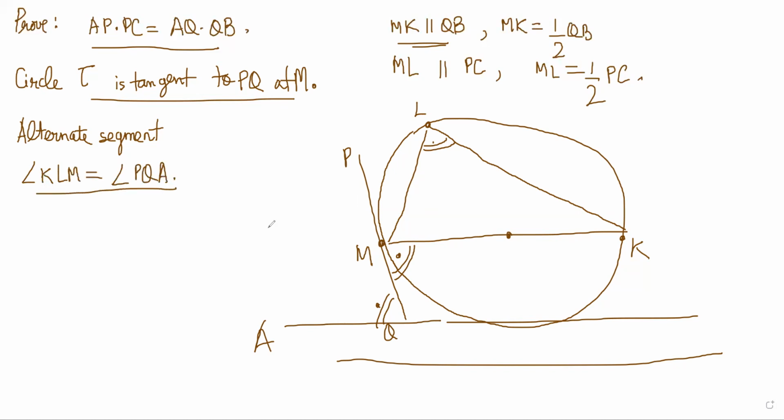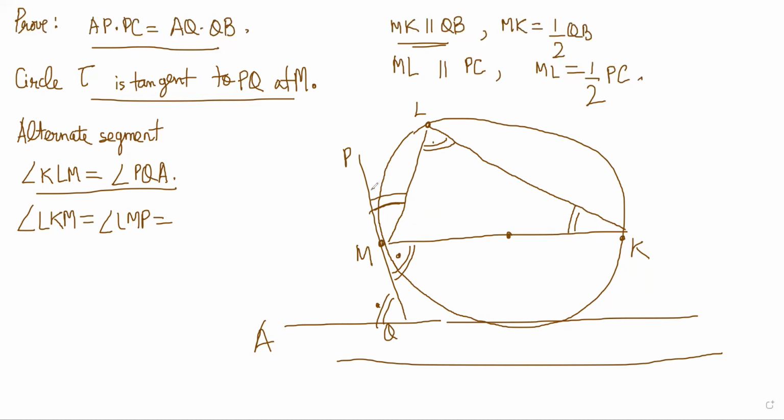And we get angle LKM is equal to angle LMP, obviously by the same theorem, the alternate segment theorem only, nothing else.